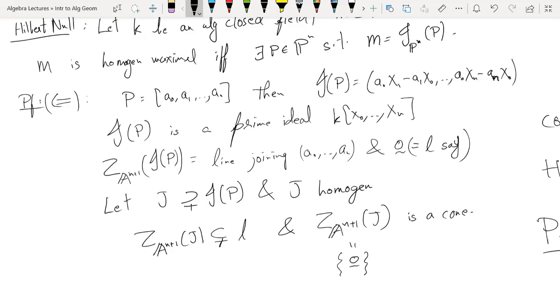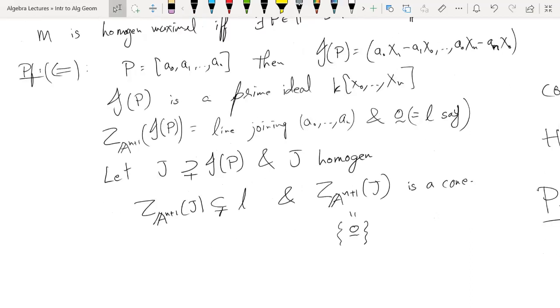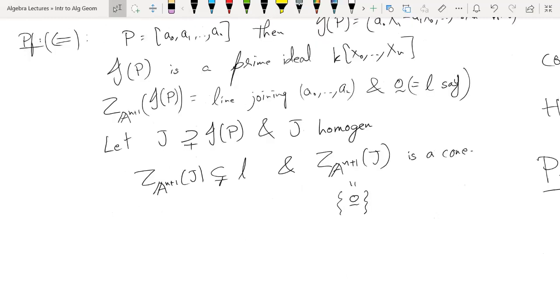So among radicals there is an inclusion reversing bijection. So that tells you that if Z of J in A^(n+1) is 0, then the radical of J is the ideal of Z of J. So these are all in the affine setup. I'm not really using it.